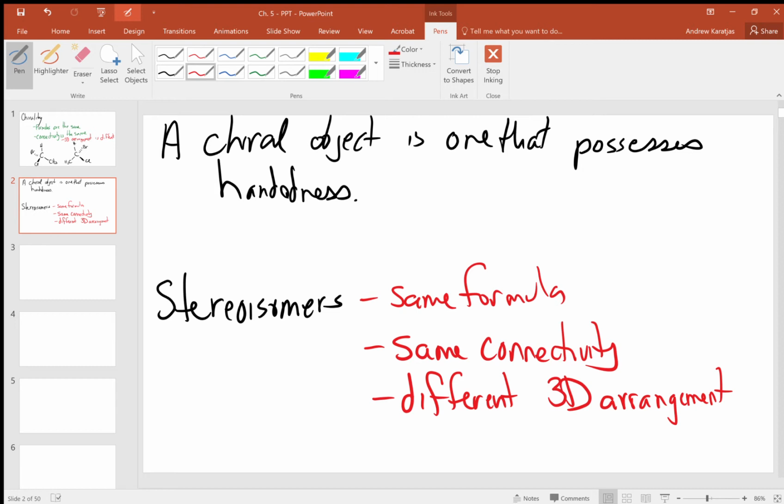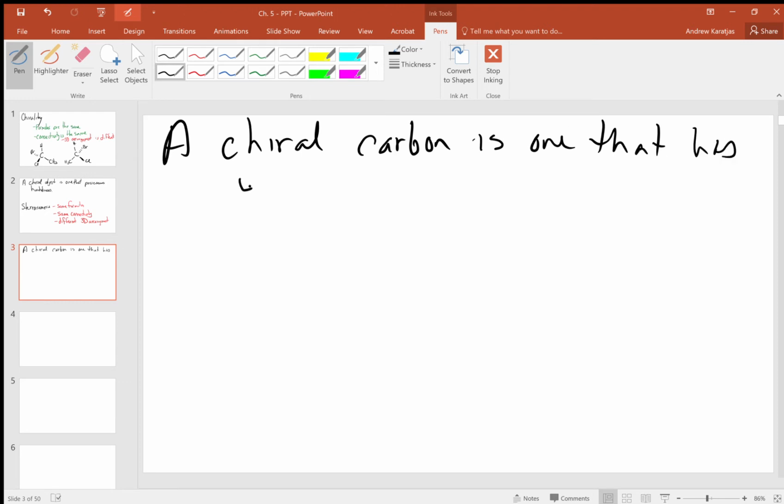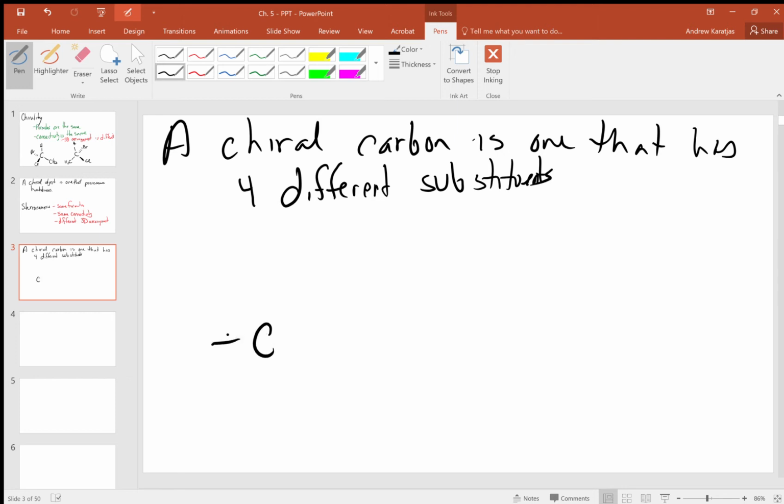All right, so now how do we define or find one of these chiral objects, chiral molecules? So a chiral carbon is one that has 4 different substituents. And when we say different, that could be something very obvious, like this carbon. But it's also just literally any point of difference in the molecule.